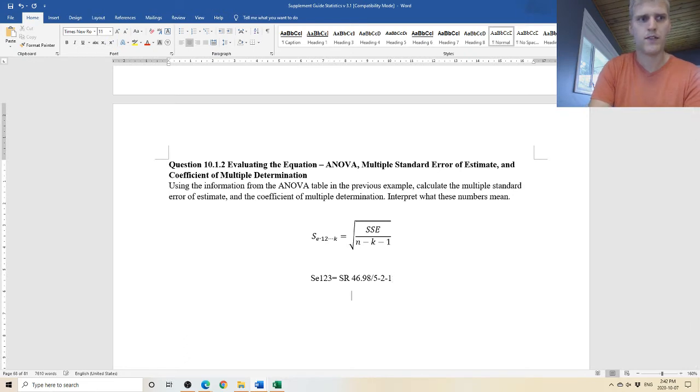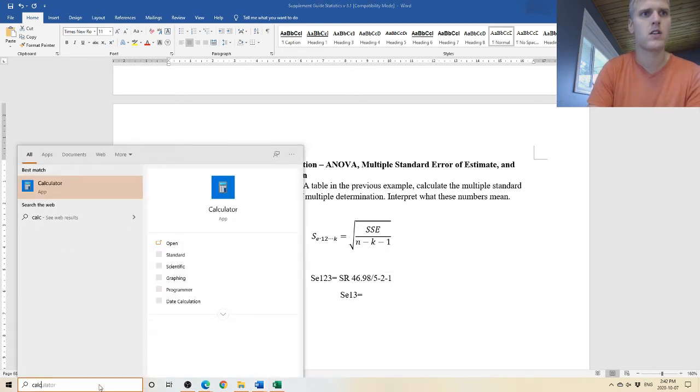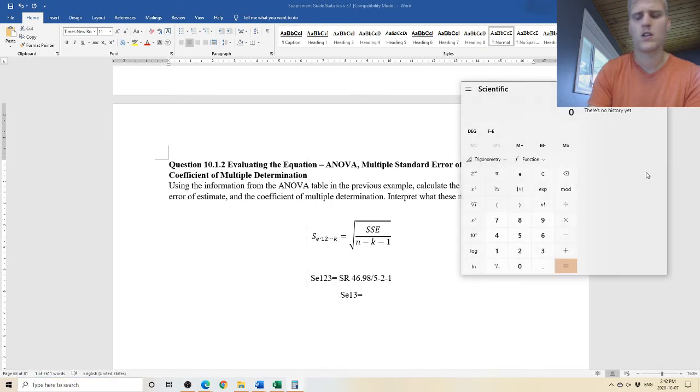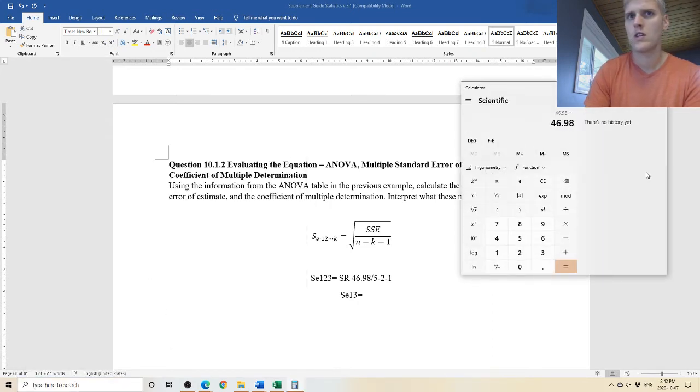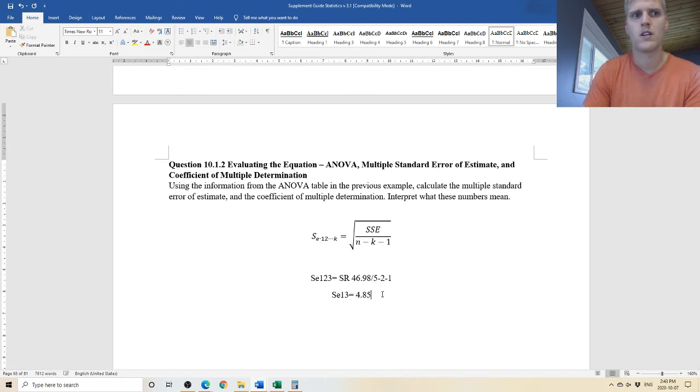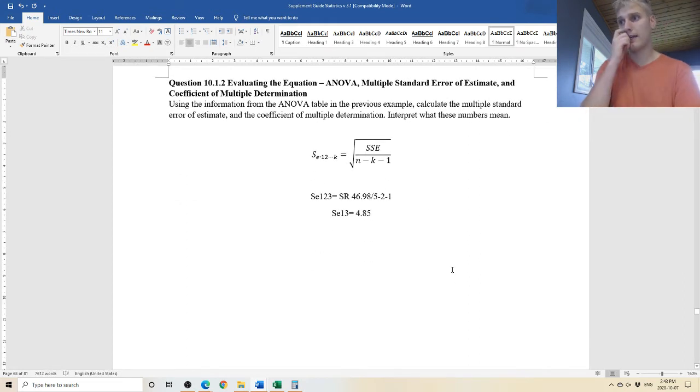So this would become 46.98 divided by 2, and we can take the square root of it. And we get 4.85. So now we have a multiple standard error of estimate of 4.85.